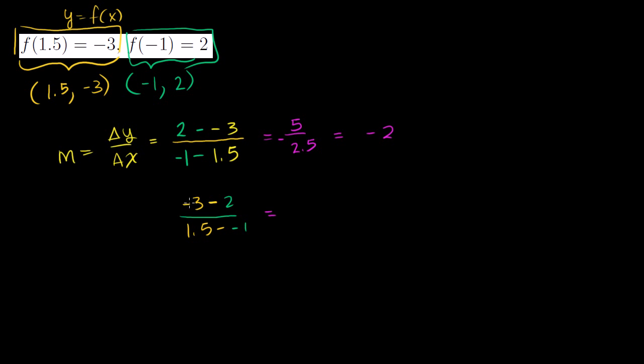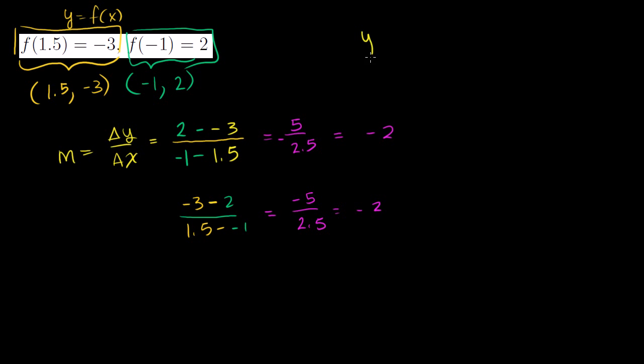Negative 3 minus 2 is negative 5 over 1.5 minus negative 1. That's 1.5 plus 1, so it's over 2.5. So once again, this is equal to negative 2. I just want to show you, it doesn't matter which one you pick as the starting or the end point, as long as you're consistent. If this is the starting y, this is the starting x. If this is the finishing y, this has to be the finishing x. But anyway, we know that the slope is negative 2.